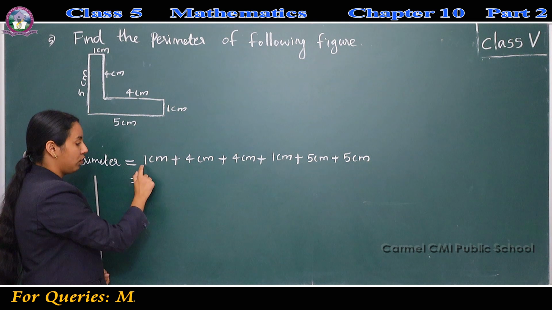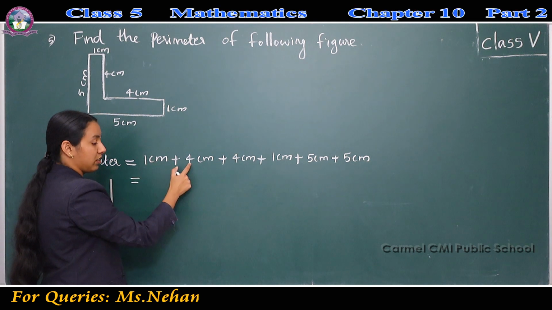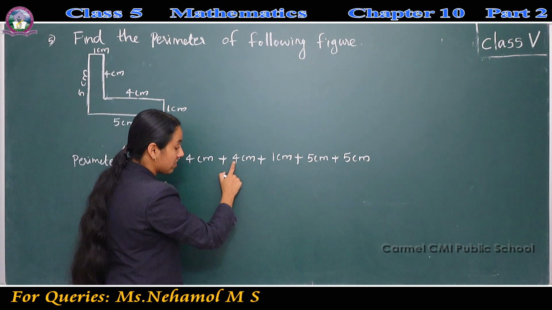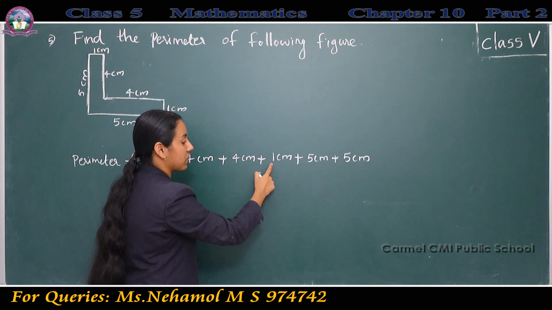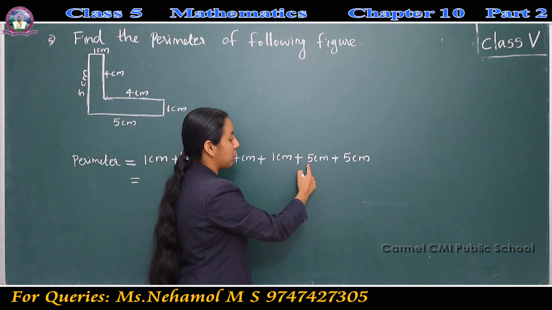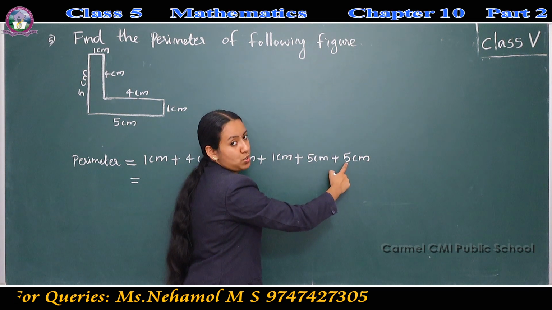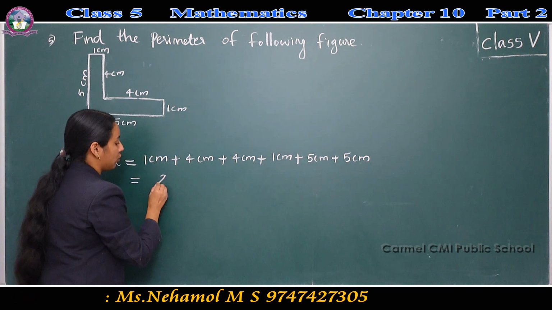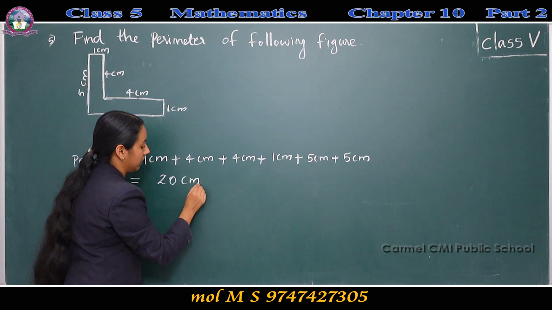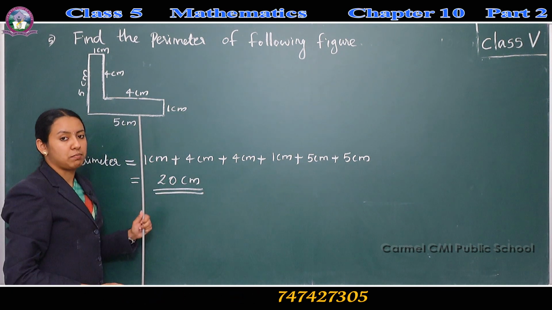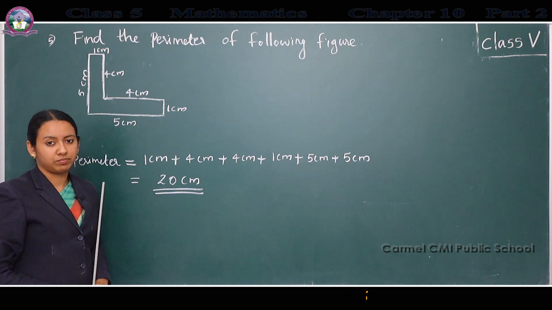That is equal to 1 plus 4. 4 plus 1 is 5. 5 plus 4 is 9. 9 plus 1 is 10. 10 plus 5 is 15. 15 plus 5, 20. So what is the answer? 20 centimeter. That is the perimeter of given figure.